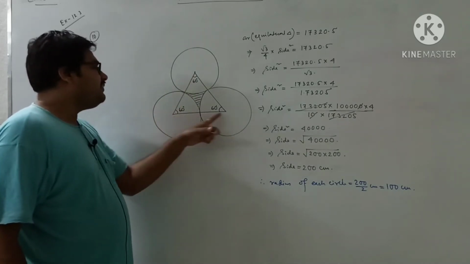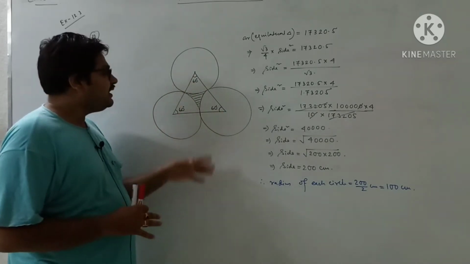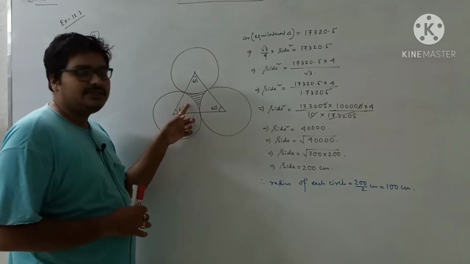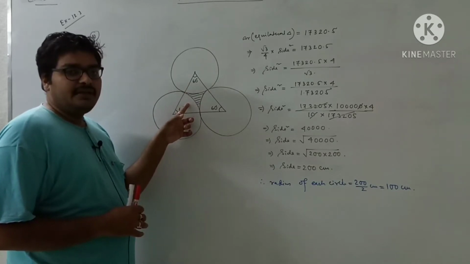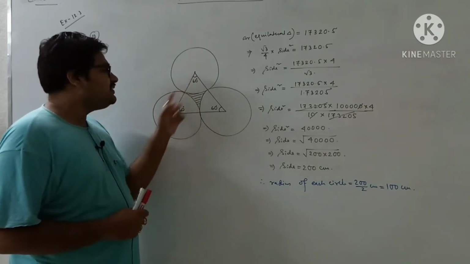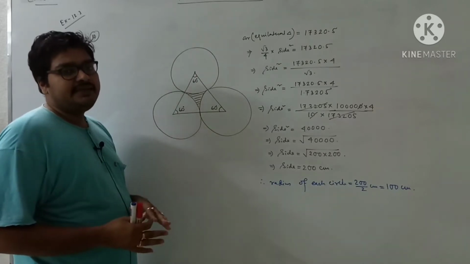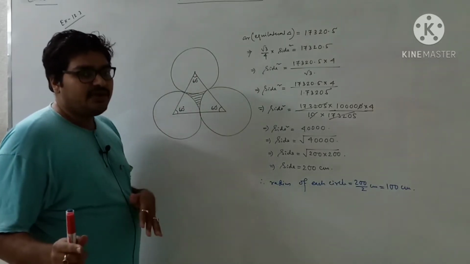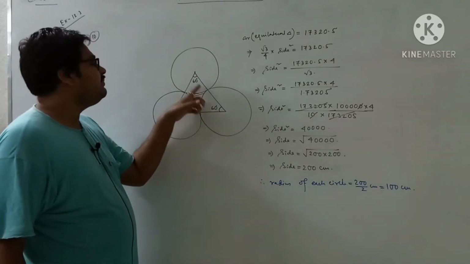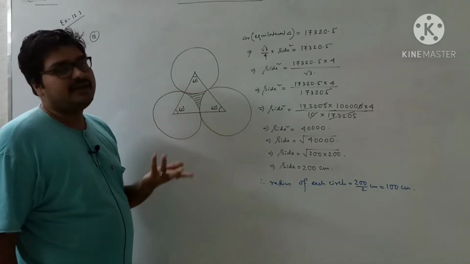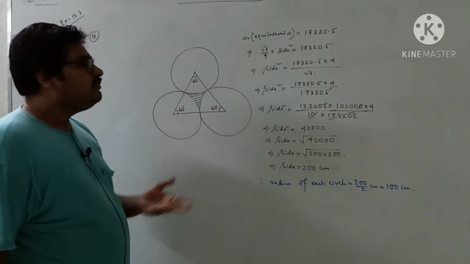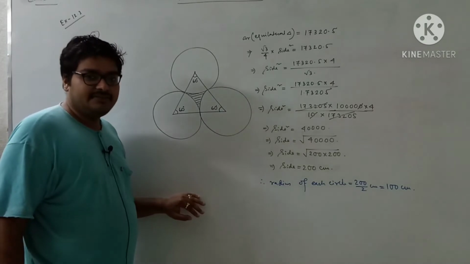From this complete triangle area, if I subtract the area of these 3 smaller sectors, this means I am actually subtracting the area of a sector whose sectorial angle is 60 degree plus 60 degree plus 60 degree, that is 180 degree, because all the circles have the same radius.